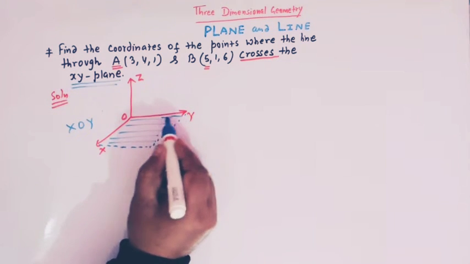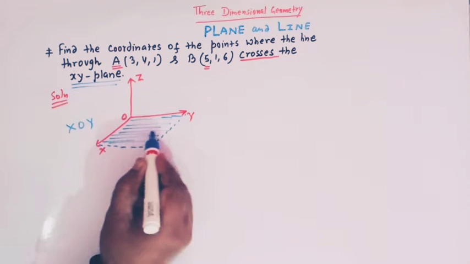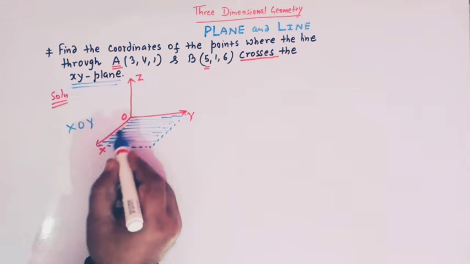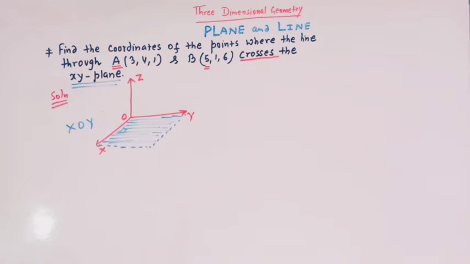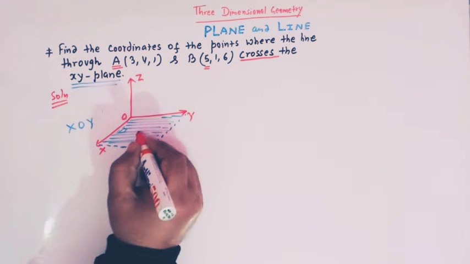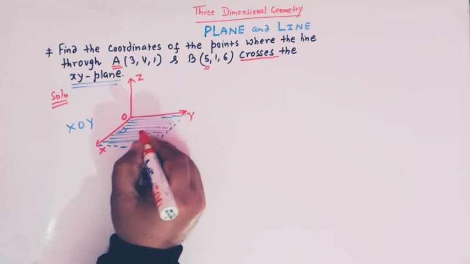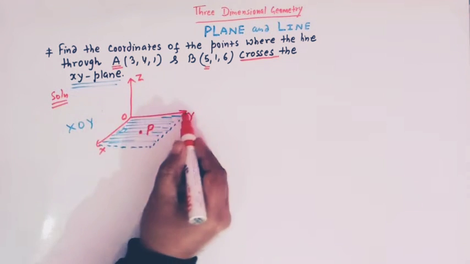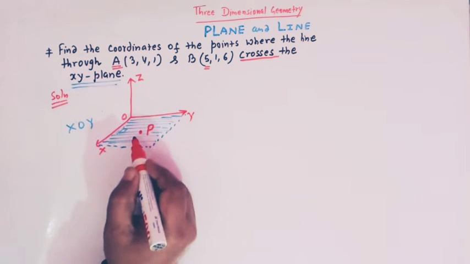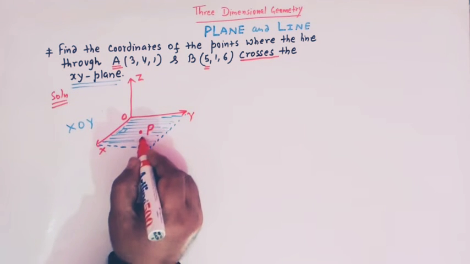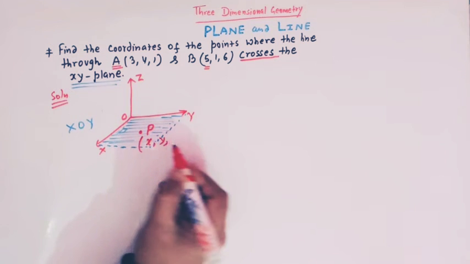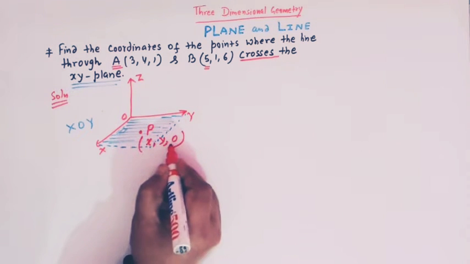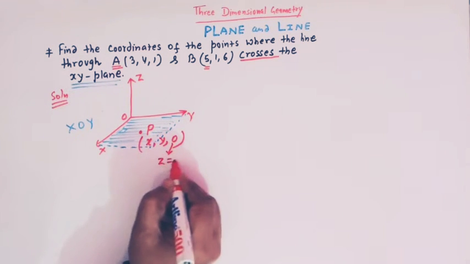And we know that any point which lies on this XOY plane has its z coordinate 0. So if we have any point, say P, lying on this XOY plane, then obviously the coordinates are x, y, 0, that is, the z coordinate is 0.